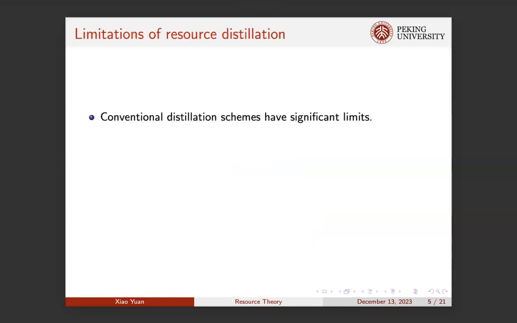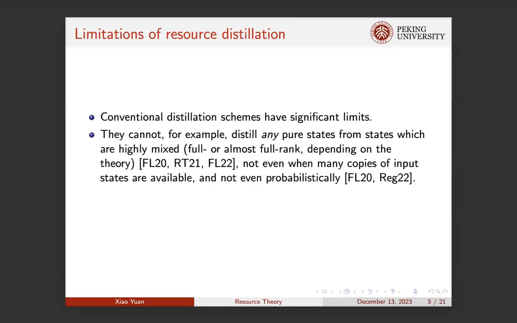There are actually many works studying resource distillation. And recently, especially in the past maybe five years, many works show that conventional resource distillation has quite significant limits. For example, especially in the single-shot regime, there are many no-go results.